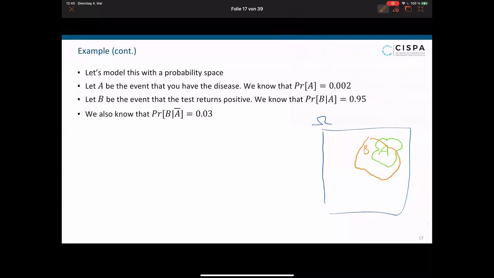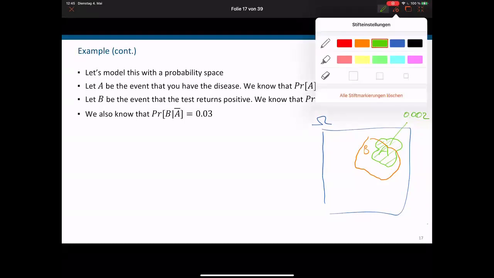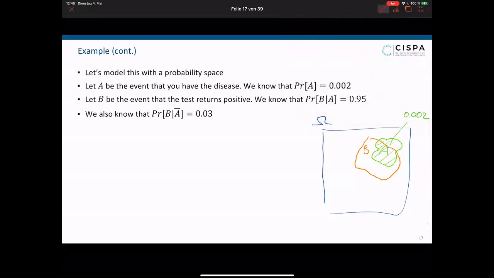And what we know is that on the one hand, the green thing here is 0.95 of A. On the other hand, let's use this red. Conditioned on not A, this part out here, again not to scale, the area in red here is 0.03.